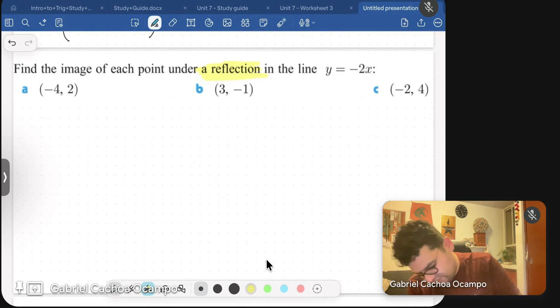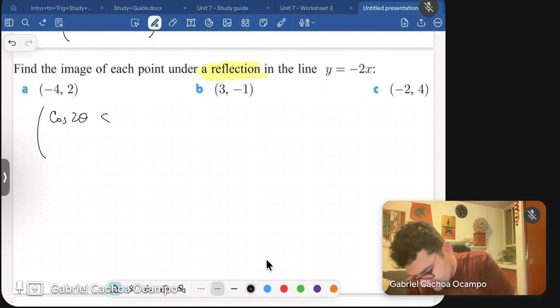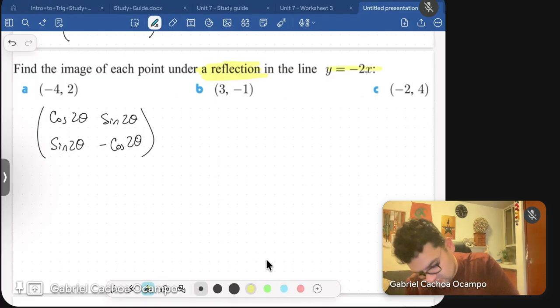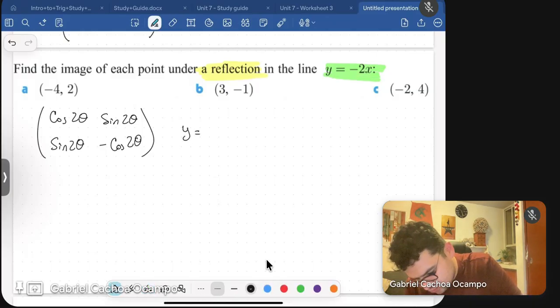The meaning of reflection is that I have a matrix that is cosine of 2 theta, sine of 2 theta, sine of 2 theta, negative cosine of 2 theta. And it is by the line y equals negative 2x, and we know that this is y equals tangent of theta times x.